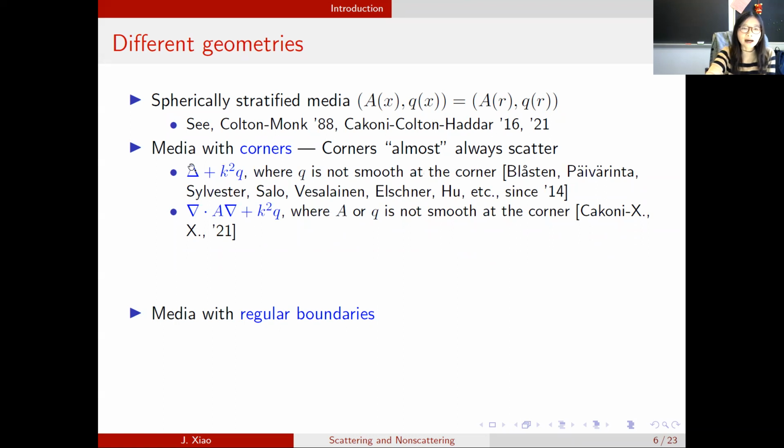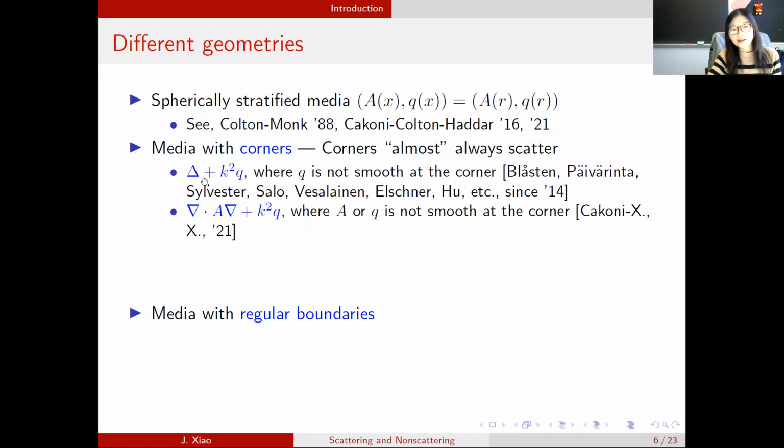One is for the homogeneous, classical Laplacian, where we assume the support of q minus 1 has a corner on the shape of the inhomogeneity. In this case, we can more or less say that corners always scatter. There are various results since the first paper by Blåsten, Päivärinta and John Sylvester.